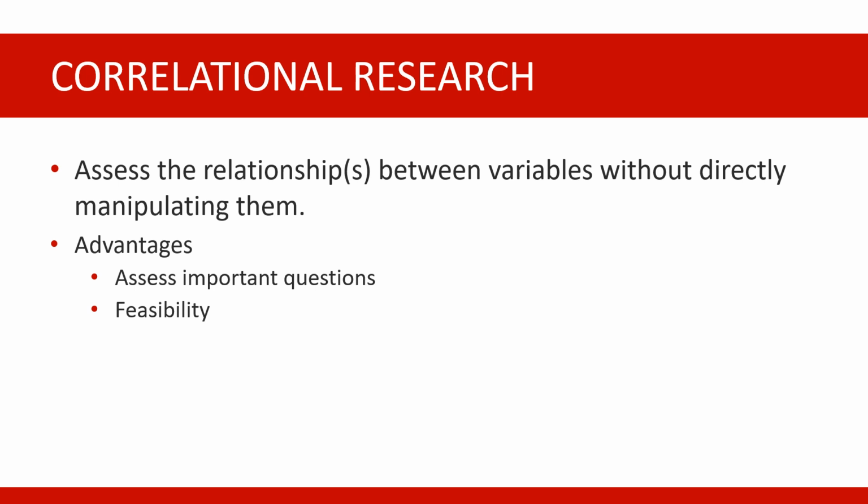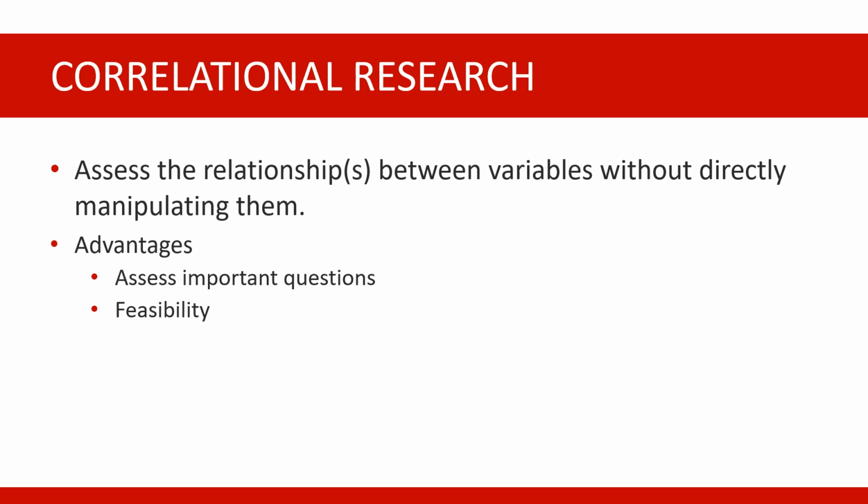So correlational research is very widely used and has a lot of advantages. One is that it can be used to assess very, very important questions, and often correlational research will be the only research method that may be feasible or that may be ethical to assess a particular kind of research question. So for example, when we discuss trauma-related disorders, most of the research on trauma-related disorders is correlational or observational research.